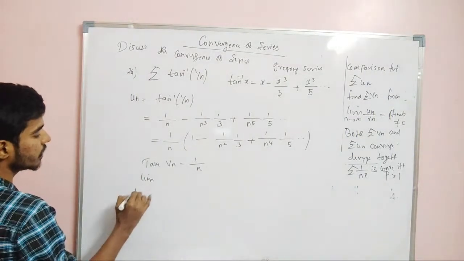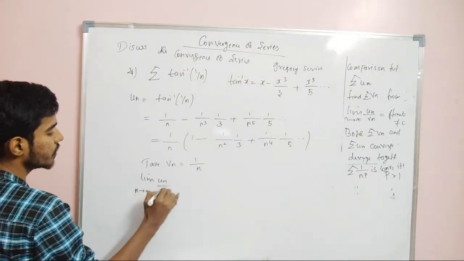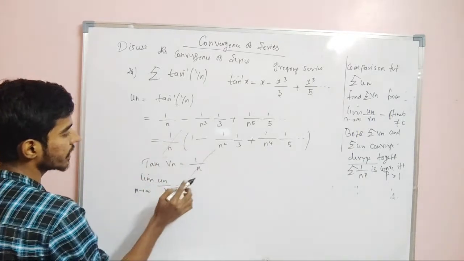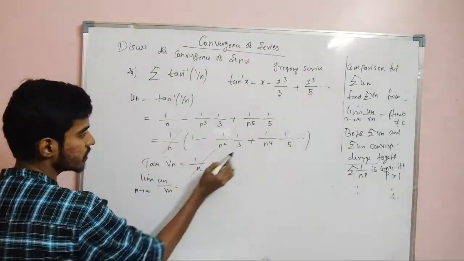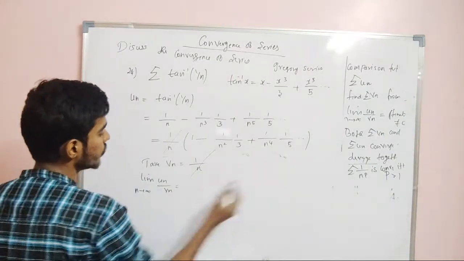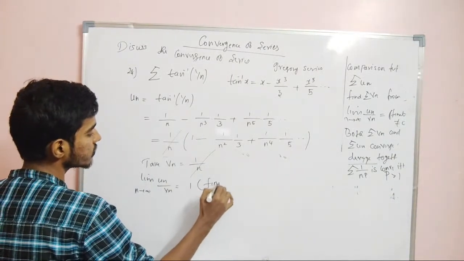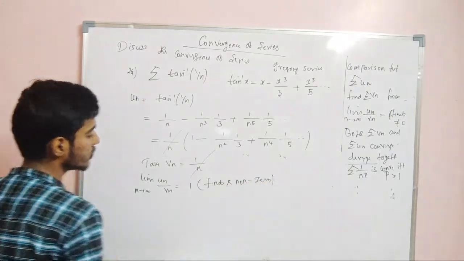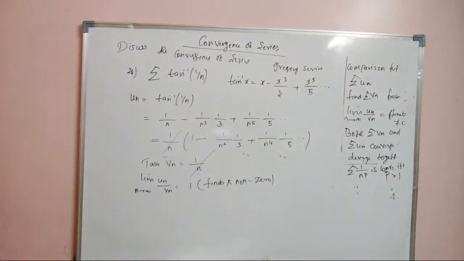Now what about limit n tends to infinity un by vn? If we divide un by vn, the 1 by n will cancel. As n tends to infinity, this term tends to 0, this term tends to 0. So we will have only 1, which is finite and non-zero. So both the series behave alike.